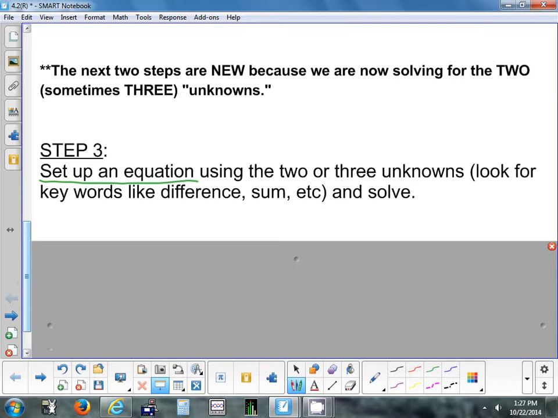You have unknown 1, unknown 2, x and 3x minus 2. What's going to separate those two things? So your unknown 1 might be x, and your unknown 2 might be 3x minus 2.